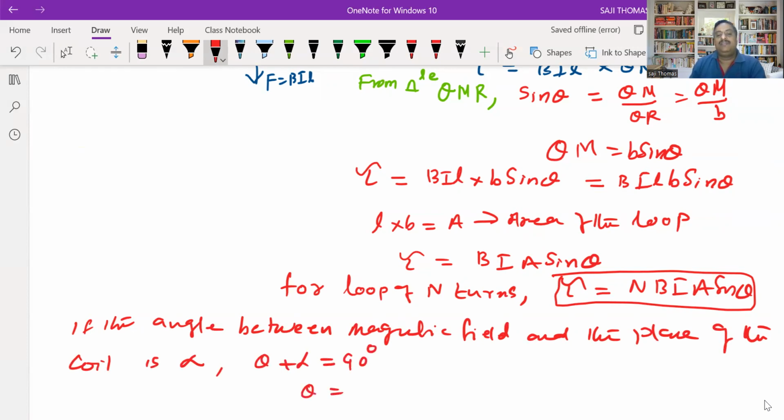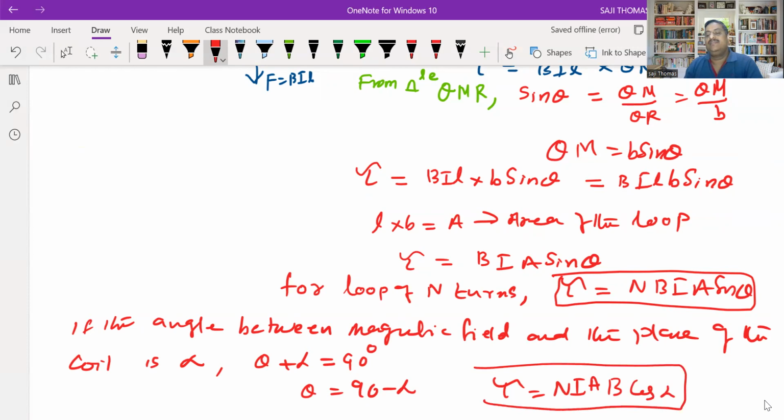So theta will be what? 90 minus alpha. Then torque is N I A B sine 90 minus alpha means cos alpha. So this is the equation if the angle between plane of the coil and magnetic field is given.